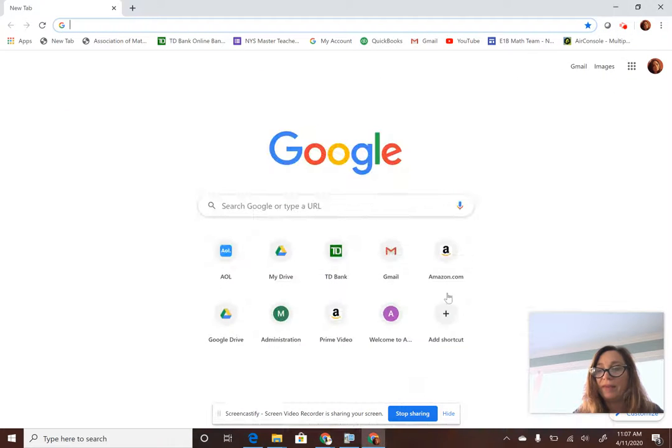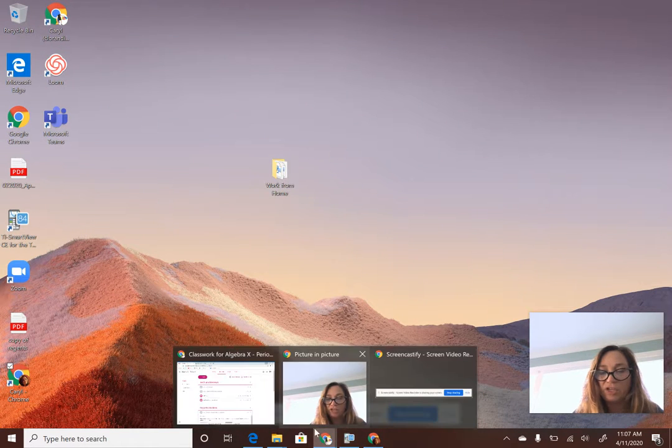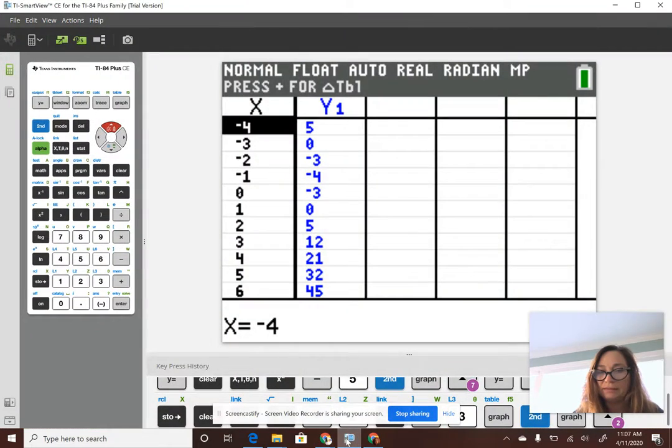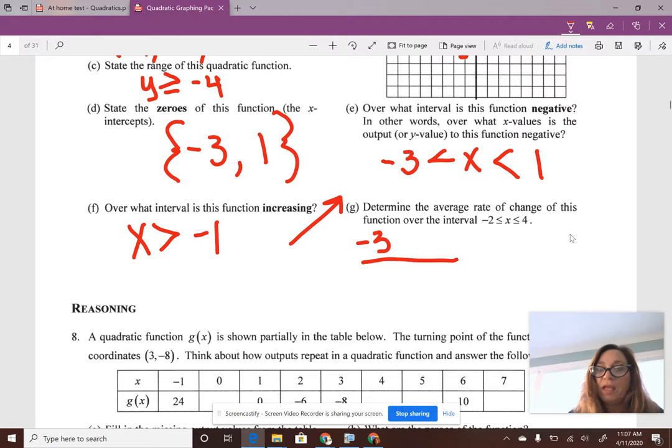21. Wow, that's big. Yeah, parabolas, quadratic functions, they grow pretty fast. Gosh, I said 21, right? Right, 21. Okay, so it's from -3 to 21.